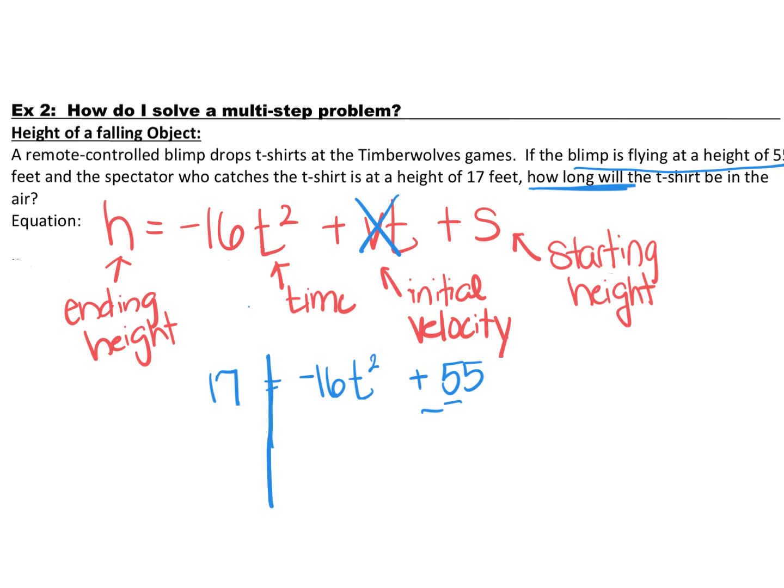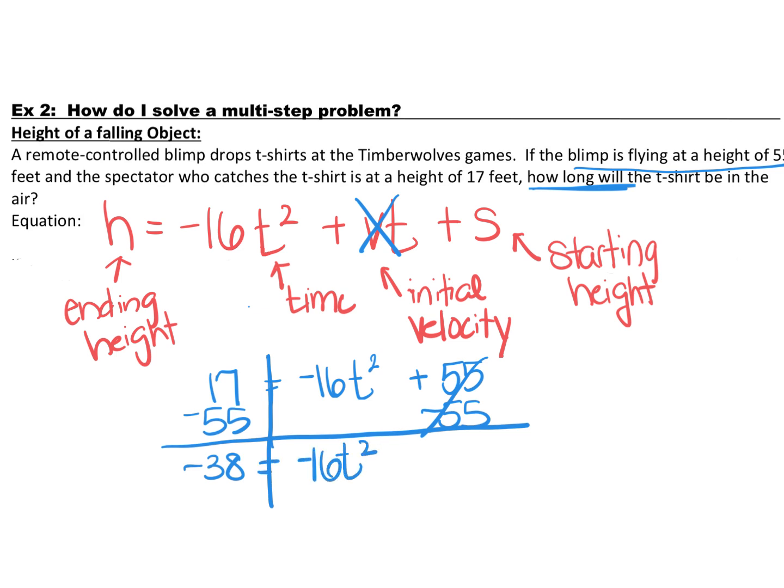So we're going to subtract the 55. And we get negative 38. Divide by our negative 16. So we're going to have t squared is equal to 2.375.